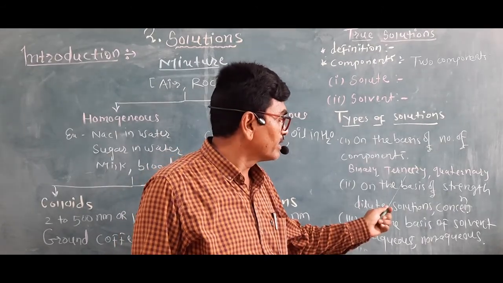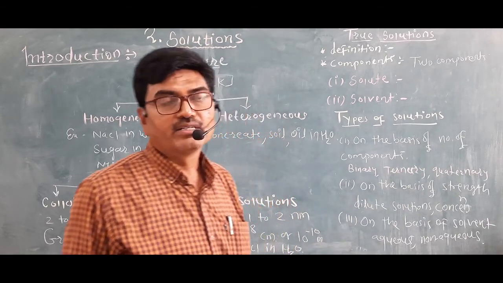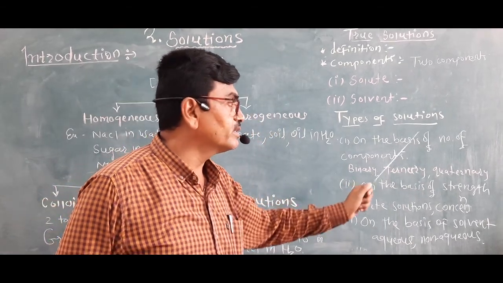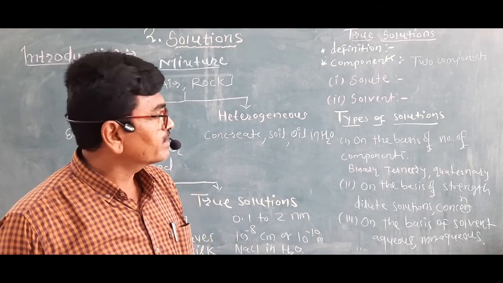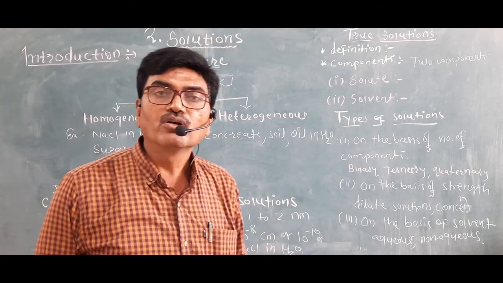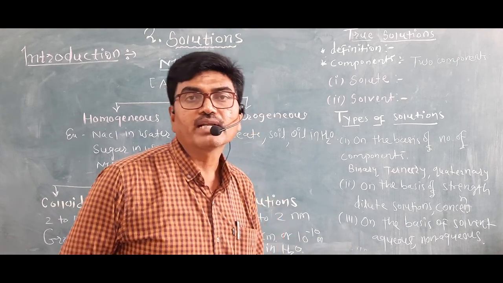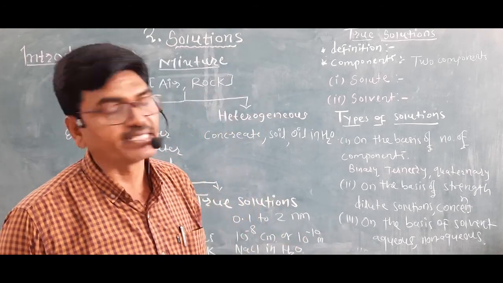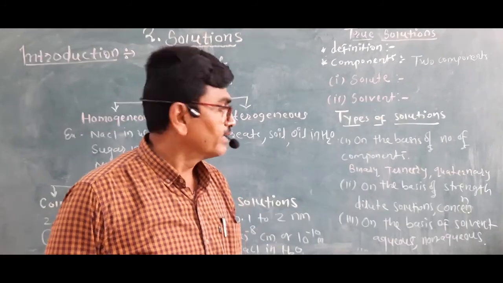Ternary solution, quaternary and so on, depending upon the number of components involved, as a solution is nothing but a homogeneous mixture of two or more than two components which are chemically non-reactive. That is important. That's why binary, ternary, quaternary like this.